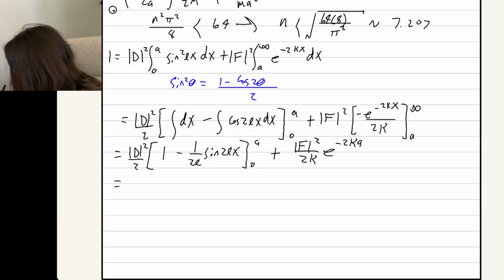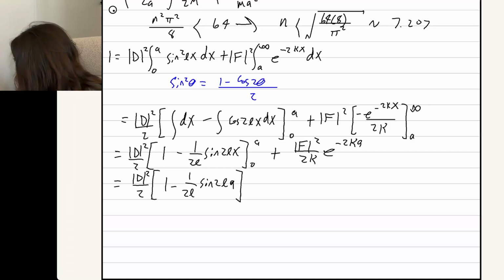Plugging these in over here, we have 1 minus 1 over 2l sine 2la. And it's not 1, is it? Because this is x, so this is a. Yeah, that looks good now.